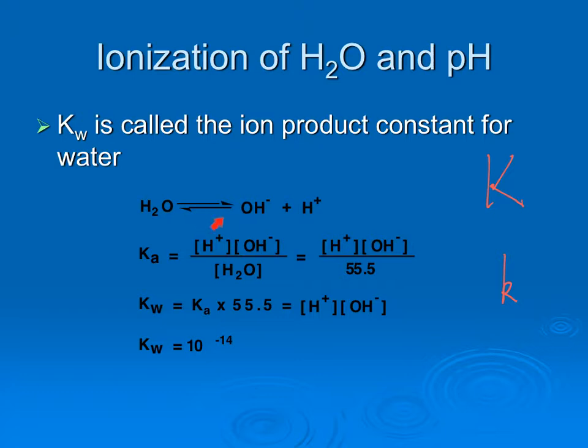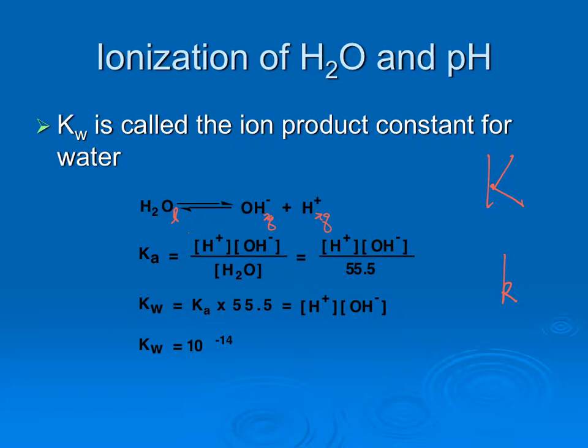You always have the products over the reactants. The concentration of water doesn't change. Remember, this is a liquid. It's not written on here. Normally they put a little L, and these would have aq's. If you remember from Gen Chem, pure liquids and pure solids don't get included into the constant because they are effectively unchanged.